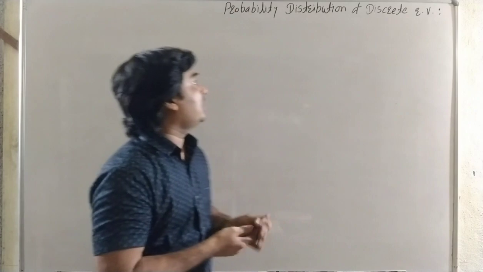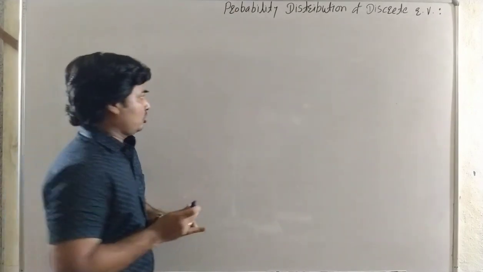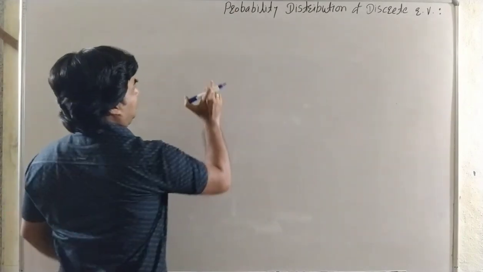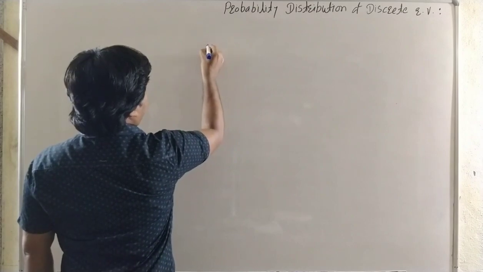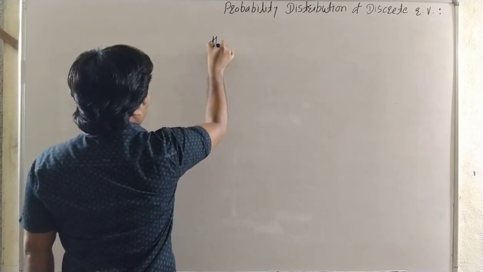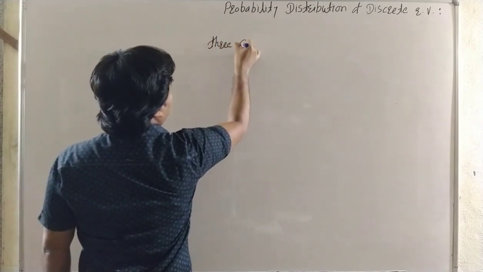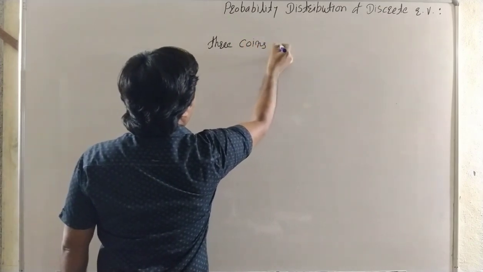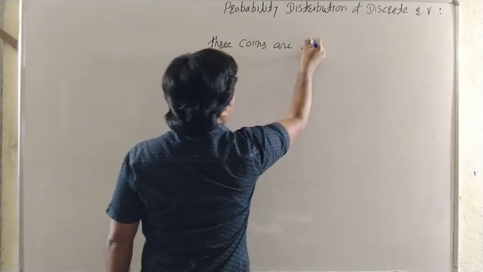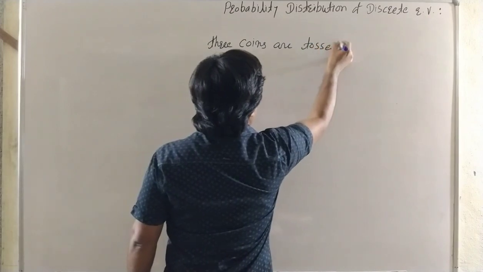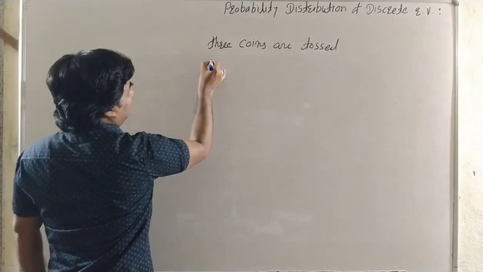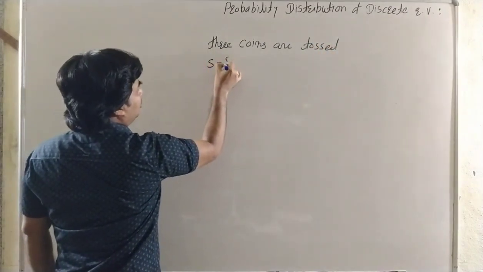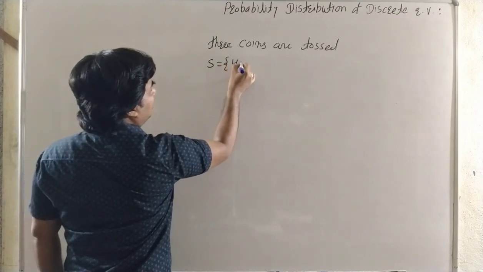Here we take one random experiment: 3 coins are tossed. Here see carefully, when 3 coins are tossed, then the sample space, the total outcomes, are here.